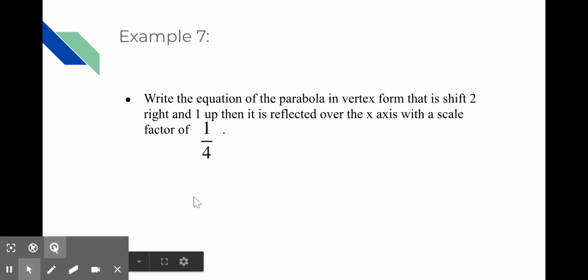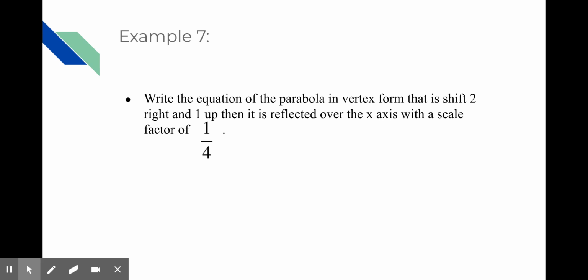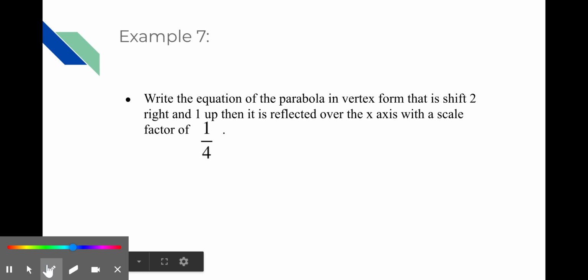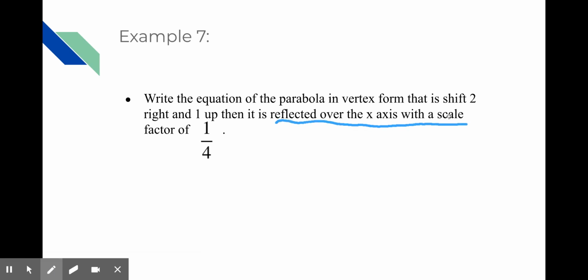Okay, let's try example 7. Write the equation of a parabola in vertex form that is shifted 2 to the right, 1 up, and is reflected over the x-axis with a scale factor of 1/4. When it says reflected over the x-axis, this means your scale factor is going to be negative.